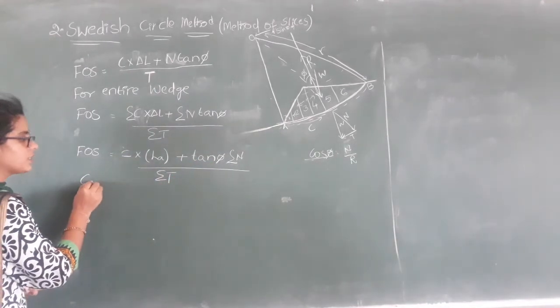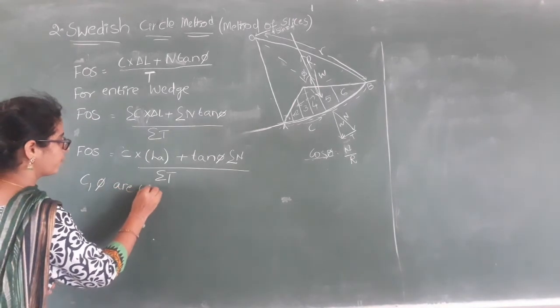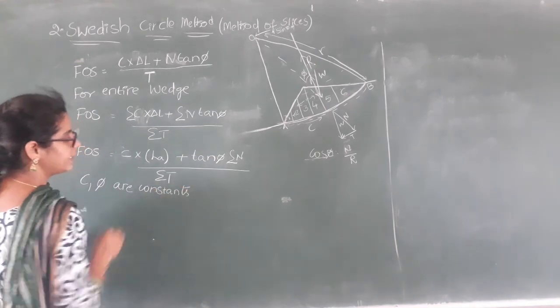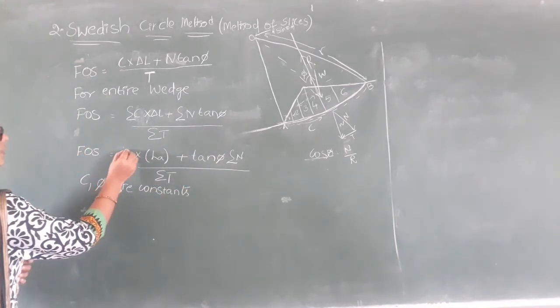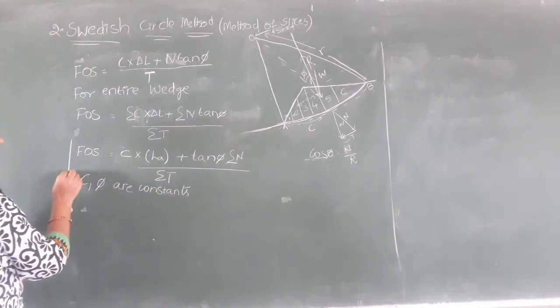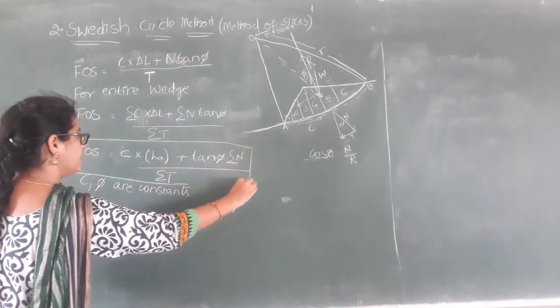So you can remove the summation symbol for C and tan phi value. So factor of safety is equal to this one for the entire wedge.